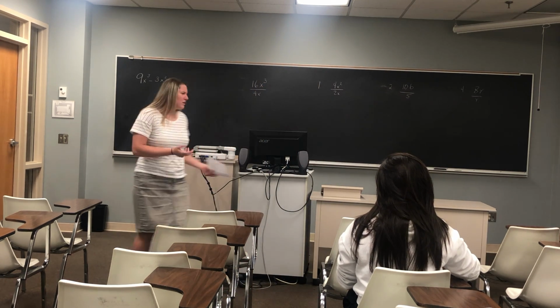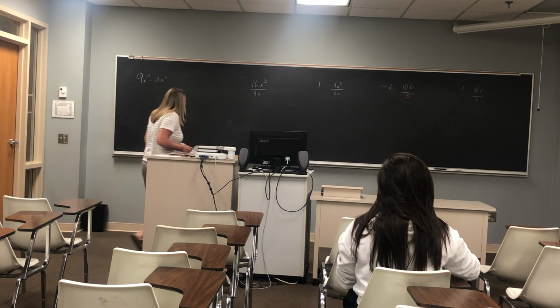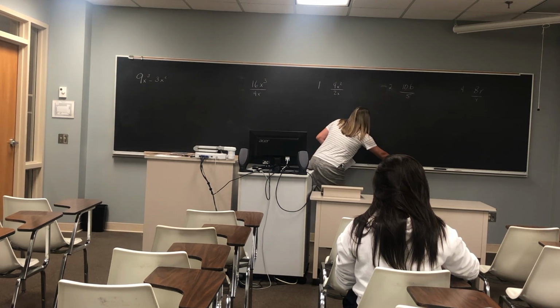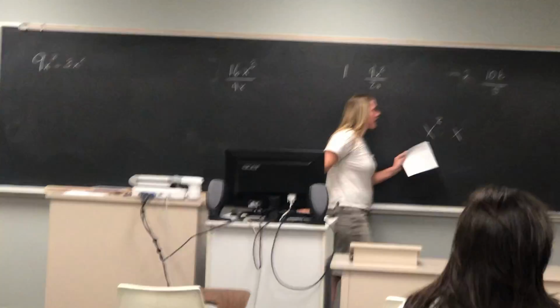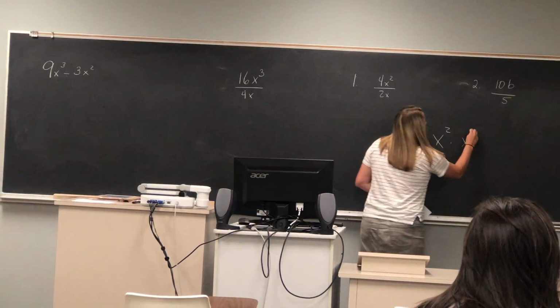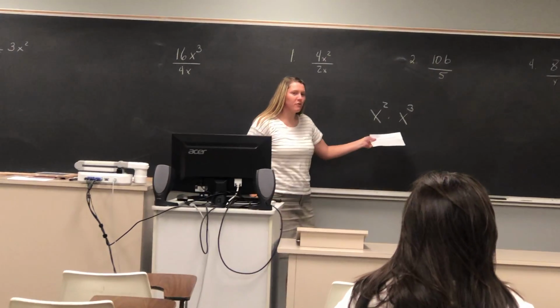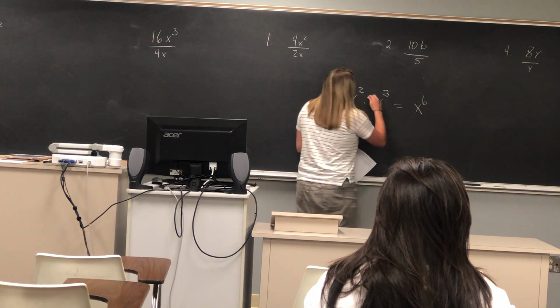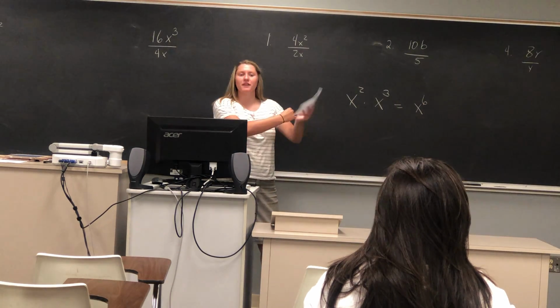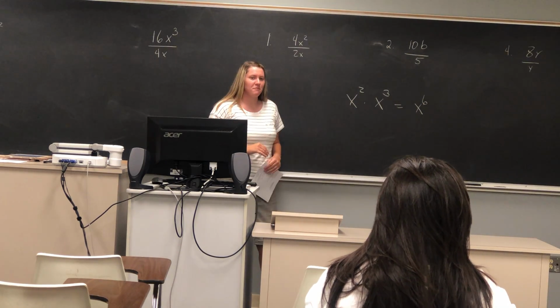But why don't we multiply the exponents? If we had x squared times x, let's go ahead and do 3x cubed, why wouldn't we just multiply these and get x to the 6? Because 2 times 3 is 6 and we're multiplying everything. Why don't we do that, Aloha?